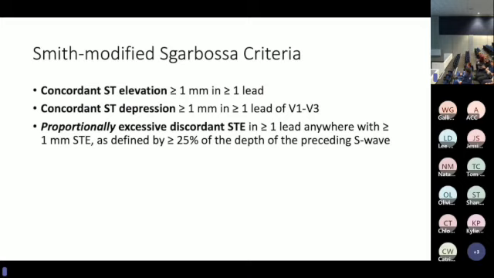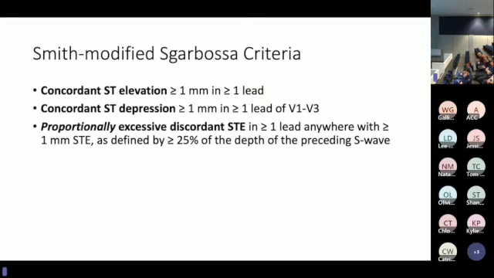So does everyone understand concordant and discordant ST elevation and depression? Basically, we're looking for the T waves and the QRS and the elevation or the depression to go in the same direction. So we're looking for more than 1 millimetre of elevation, and then we're happy that that is going to lead us to reperfusion.